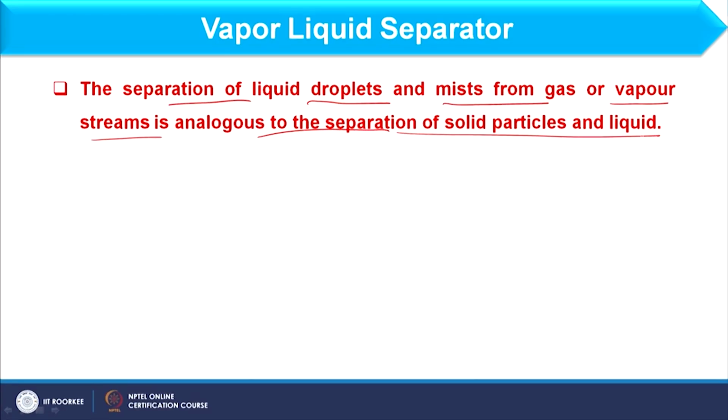Because of the circular motion, or we can say the centrifugal motion, in the separator, liquid settles down along the wall and vapor leaves upward. So, when the vapor goes up, it takes some liquid droplets with it. Vapor with liquid droplets, we can consider the separation of this in a similar line as the separation of liquid containing solid particles.